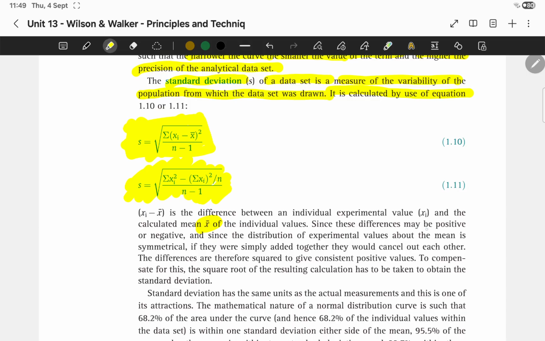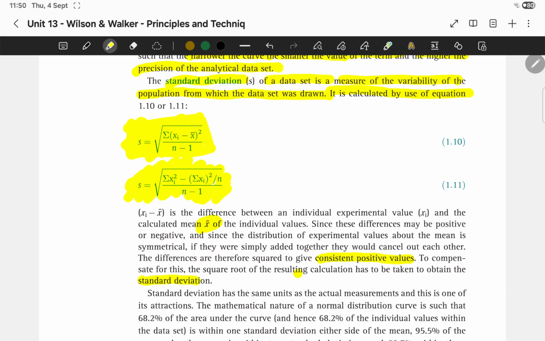Since this difference may be positive or negative, and hence the distribution of the experimental values about the mean is symmetrical, if they were simply added together, they would cancel each other out. The differences are therefore squared to give a consistently positive value. To compensate for that, the square root of the resulting calculation has to be taken to obtain the standard deviation.